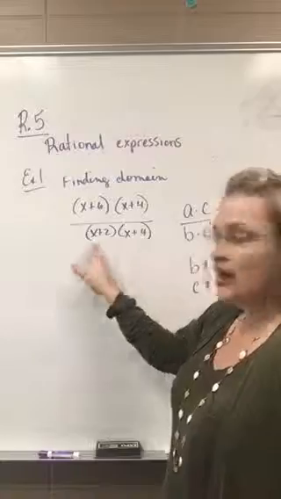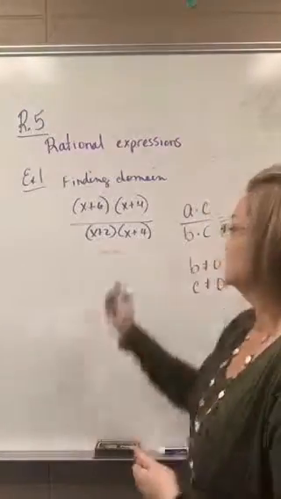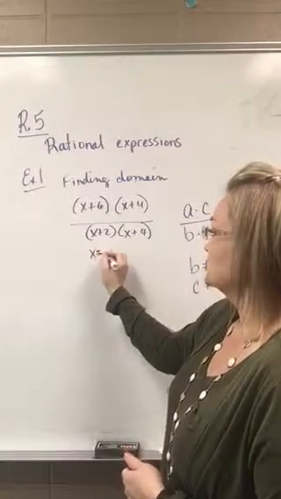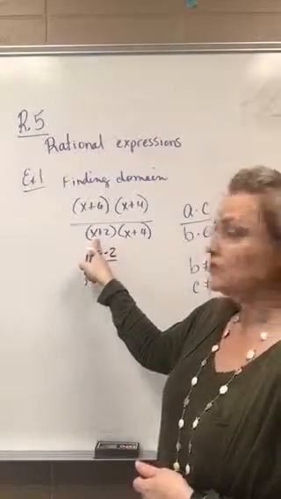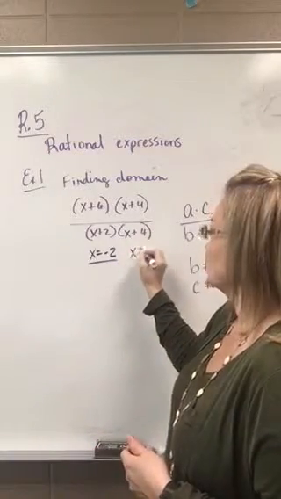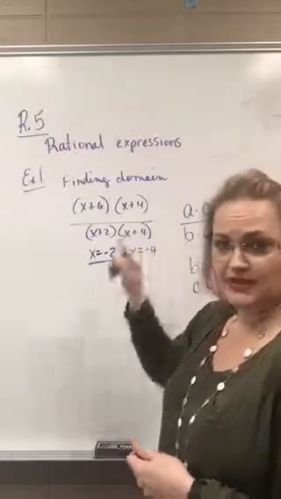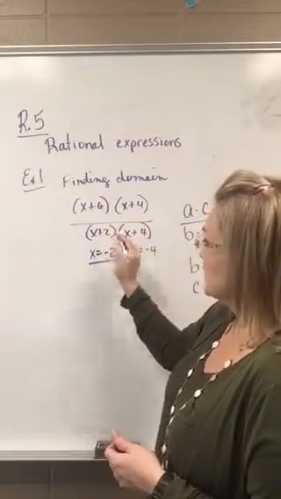So there are two values you cannot plug in here that would cause the denominator to be 0. If we had x equals -2 here, we'd have 0 times something, so that would be 0. Or if we had x equals -4, because -4 plus 4 would make that part 0, and these are multiplied.